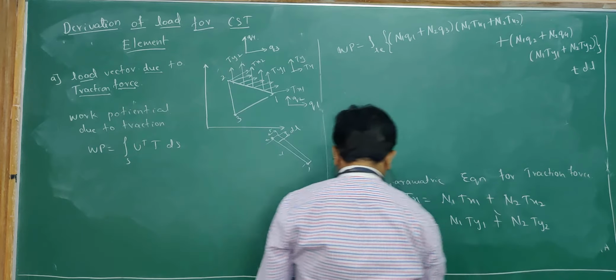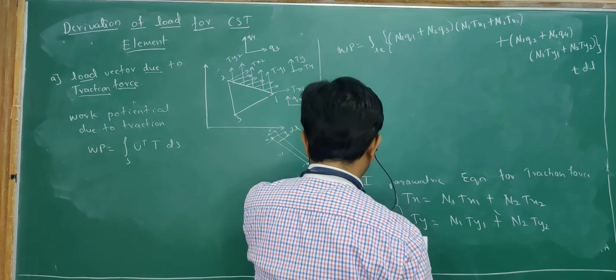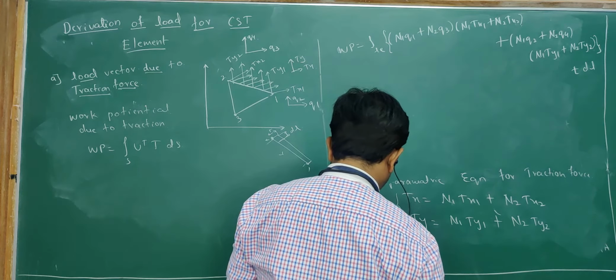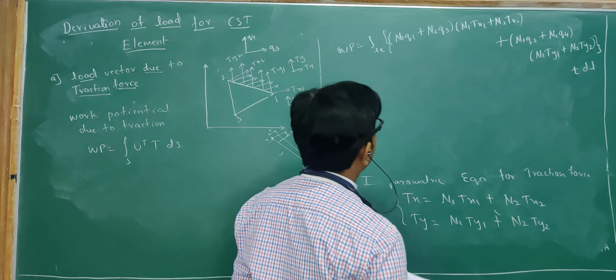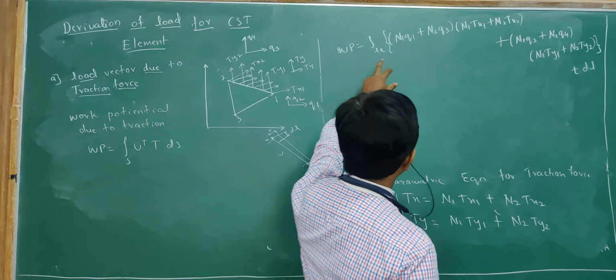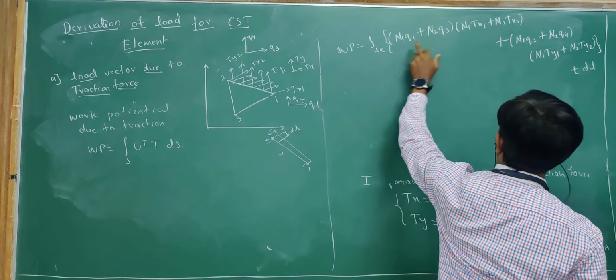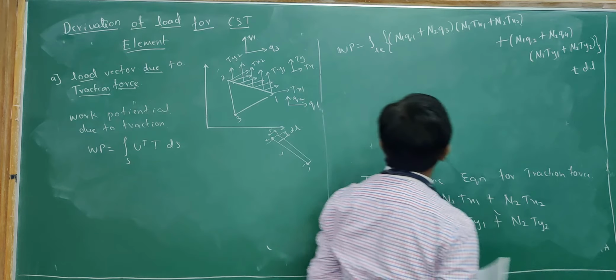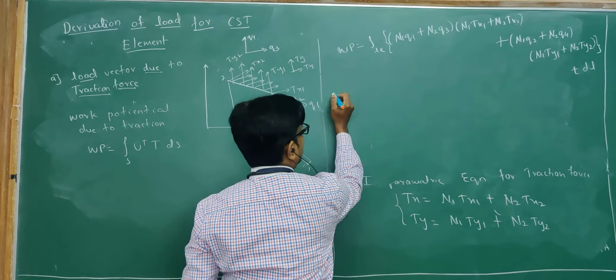So what exactly do we get here? If I substitute and segregate, I'll be taking the multiplication: n1 square q1 Tx1. Once again we will simplify it.